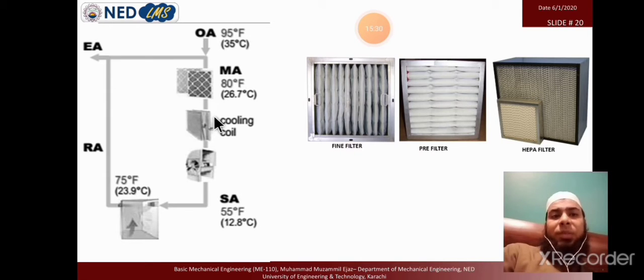If it is refrigerant based, it directly shuts down the compressor. If it is chilled water based, we have a valve in the cooling coil which closes the chilled water line. So when there is no chilled water, it will not further cool down the air. In this way the room temperature is maintained.